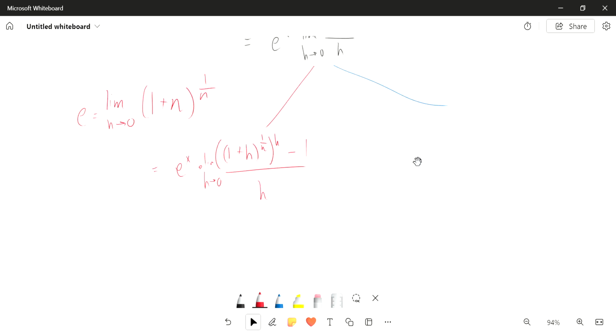And it might look like there are quite a few h's, but I promise it will cancel out pretty well. So this 1 over h and h cancel out. So that means we have e to the power of x multiplied by the limit of 1 plus h minus 1 all over h.